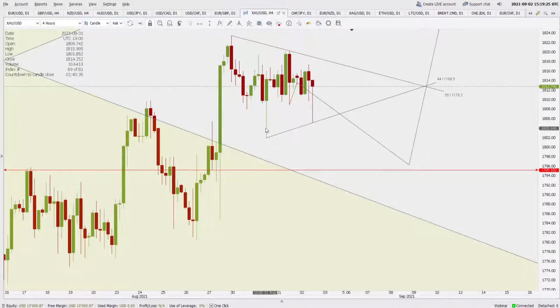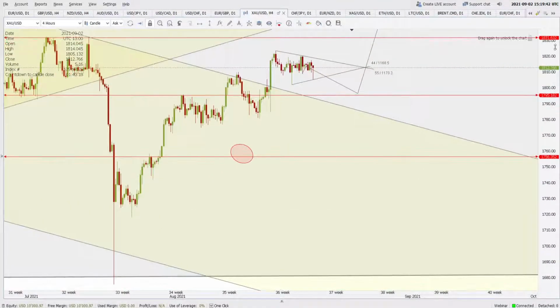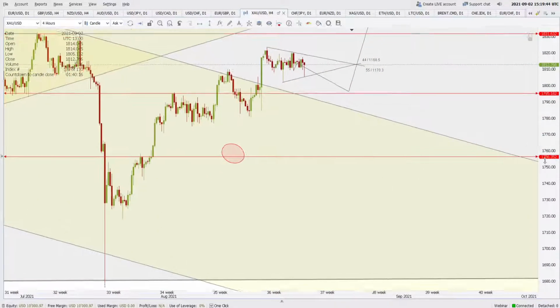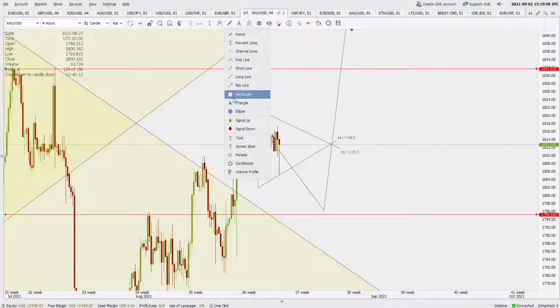Although see how the buyers are very aggressive at the lower ranges. So expect some buying and a break of this pennant on the upside. If you compare it with a flag and pennant formation, have you seen the flag and pennant formation which I have told you about?